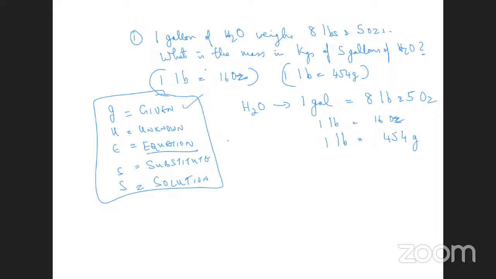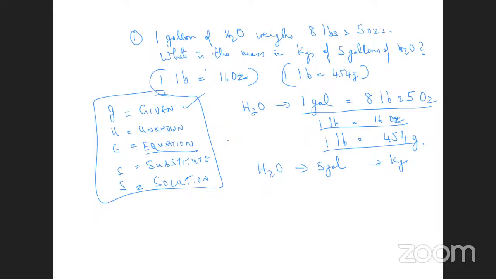So these are the givens. Unknown is what they're asking. They're asking, if we know this information and these conversions, what will be the mass for 5 gallons of water in kilograms.